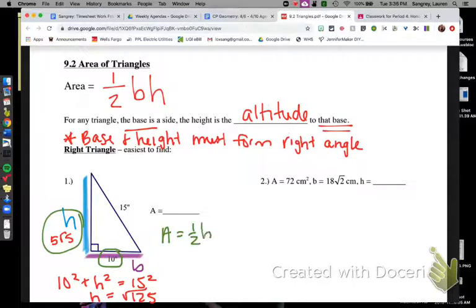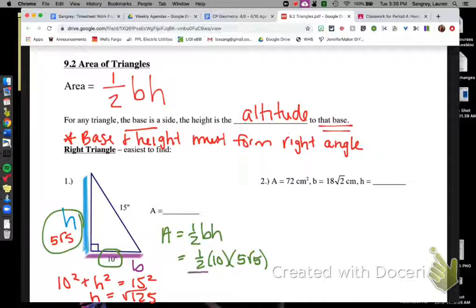So area is 1/2 base times height. So that's 1/2 of 10 times 5 root 5. And since this is multiplication, the order that you multiply doesn't matter. Just make sure you're not accidentally distributing. This isn't distributing. This is just multiplying 3 numbers together.